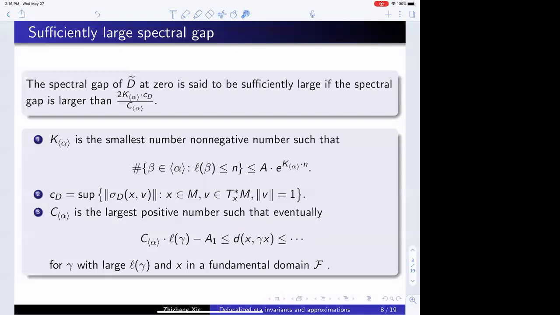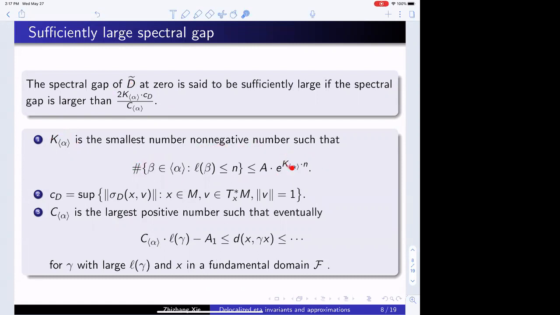So let me explain what a sufficiently large spectral gap means here. It means the spectral gap at 0 is larger than some specific number. There's K alpha. This K alpha is really just measuring how fast the conjugacy class grows.